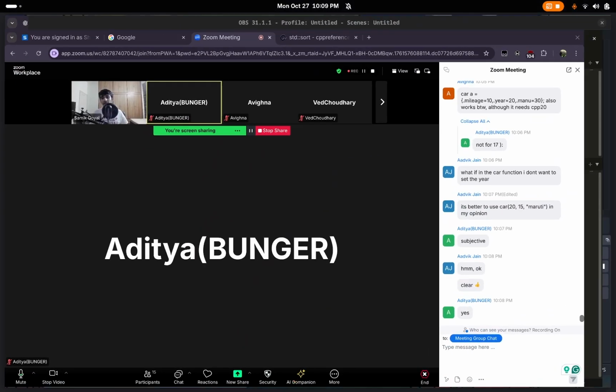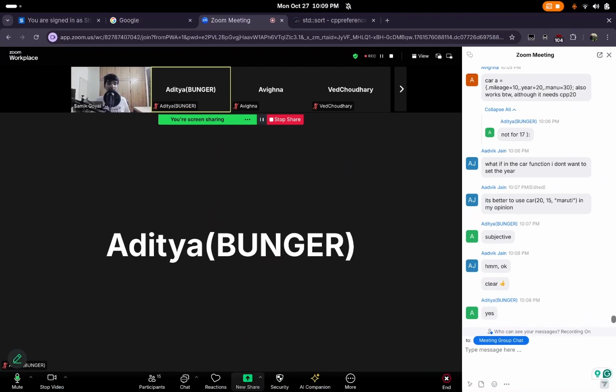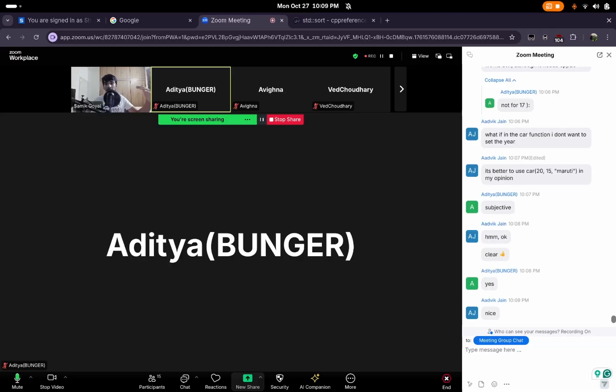This is literally all that in place back does. It's just a way to easily call that car function, create a new car, and then add that car to the vector.